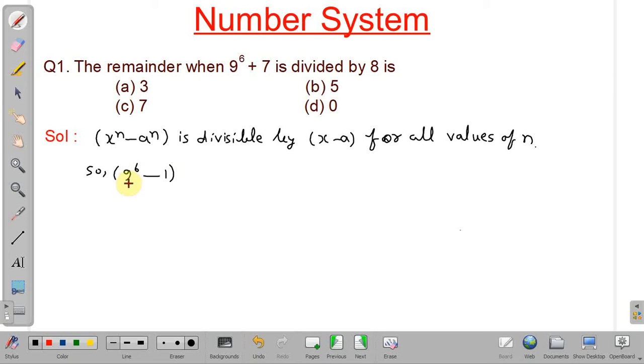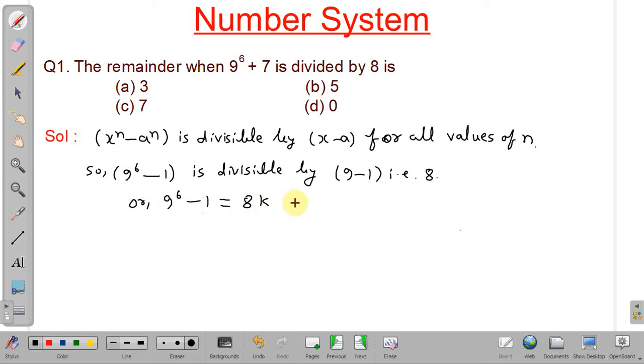Here x is 9 and a is 1. Okay, so this is divisible by x minus a, so 9 minus 1, that is 8. Or we can write that 9 to the power 6 minus 1 is divisible by 8, so it can be 8k.